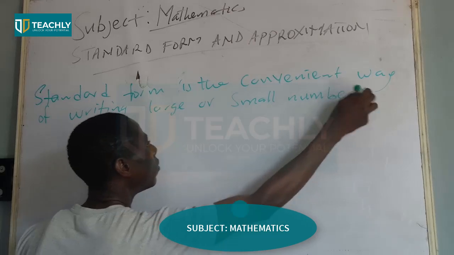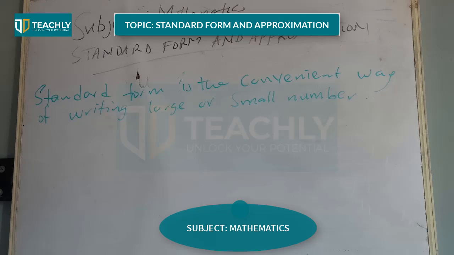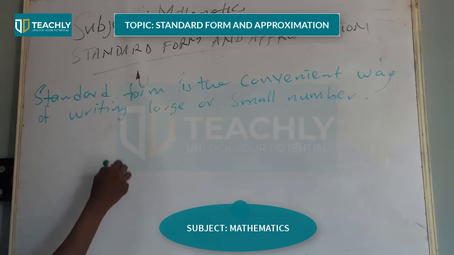So, the very convenient way you can express a very large or small number is what we refer to as standard form, especially if that number is expressed as the product of a number and a power of base 10.